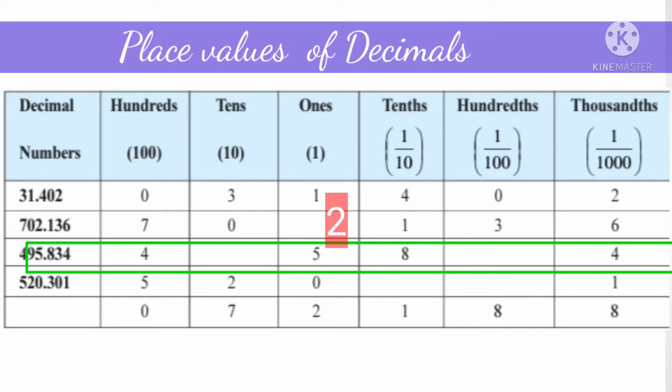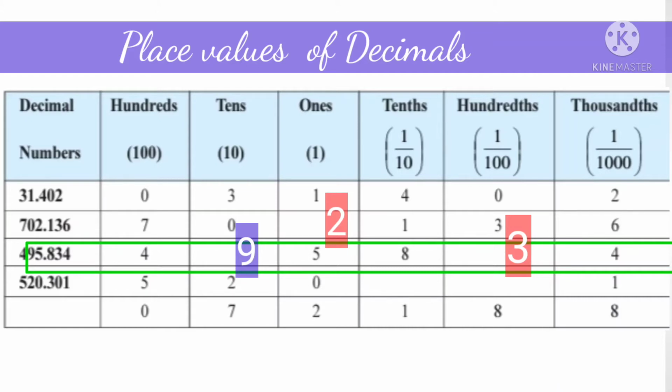In the third one, in hundreds place 4 is there, in tens place 9, and in ones place 5. After the decimal point 8 is there, that is 1 by 10. In the 1 by hundreds place 3 is there, and in 1 by thousands 4.